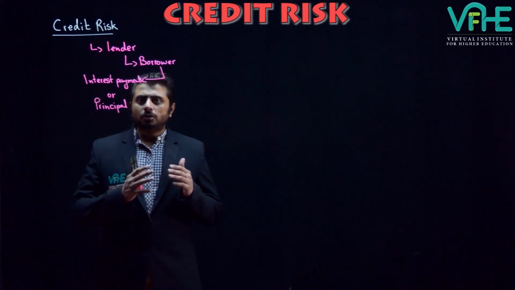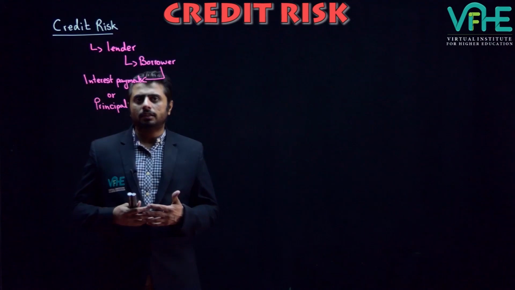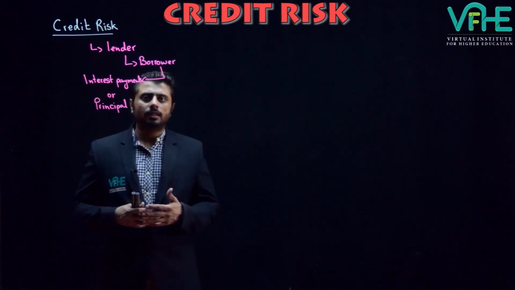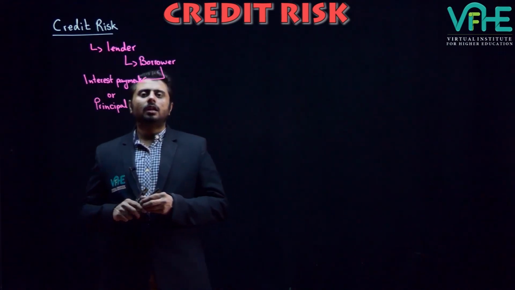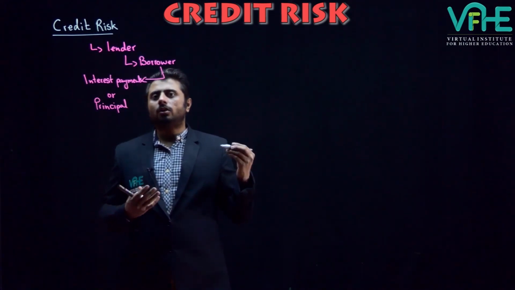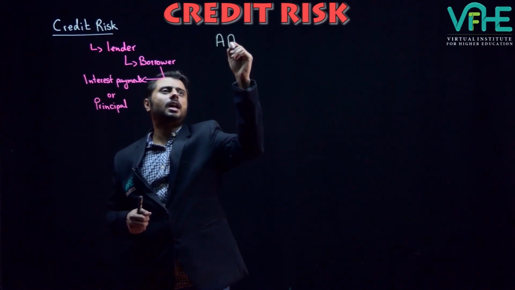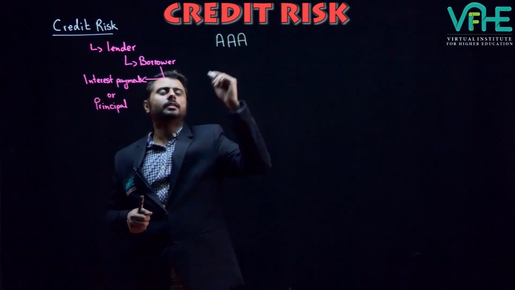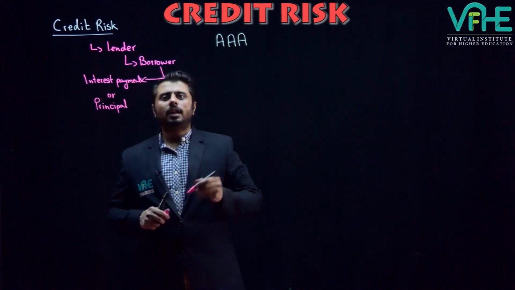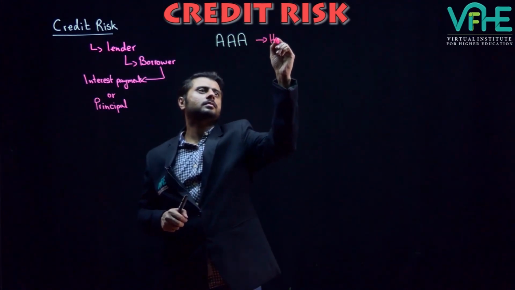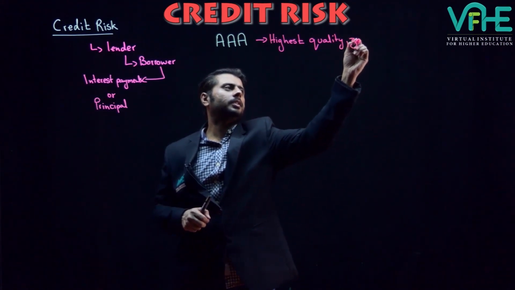The credit rating used by Standard & Poor, one of the credit rating agencies, looks something like this, which I will demonstrate over here. They evaluate the highest quality and zero risk companies as AAA. AAA is the highest quality, zero risk companies.